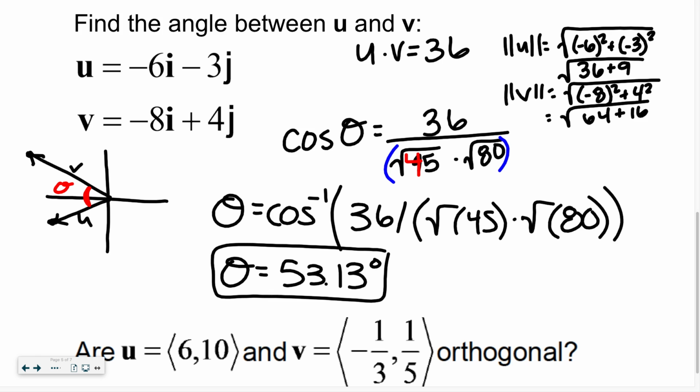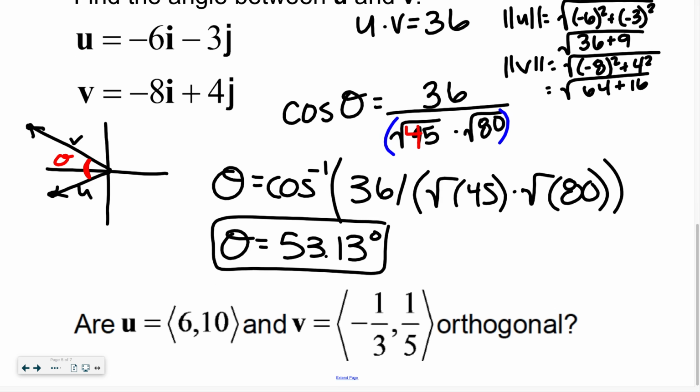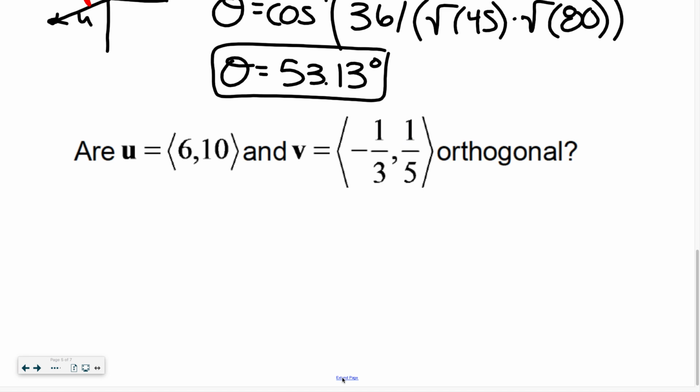Questions that you want to ask about? Okay, what if I asked you if these two vectors are orthogonal? Tell your group what you might do and then make that calculation. There's many ways to answer that. Are they orthogonal?